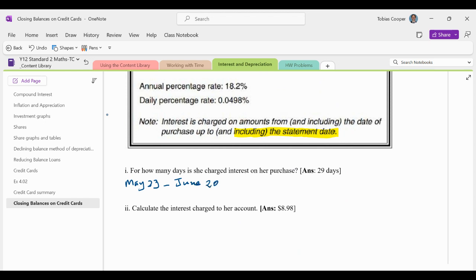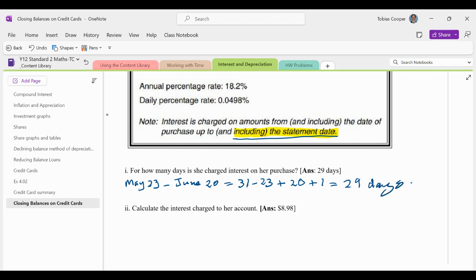Now, we know in May there is 31 days, so 31 minus 23 will calculate how many days in May are left. Then we're going to add the 20 days of June, and then we're going to +1 because we're including the statement date in the calculation. So anytime you see that in the wording, you're going to +1. So that is going to be 29 days there.